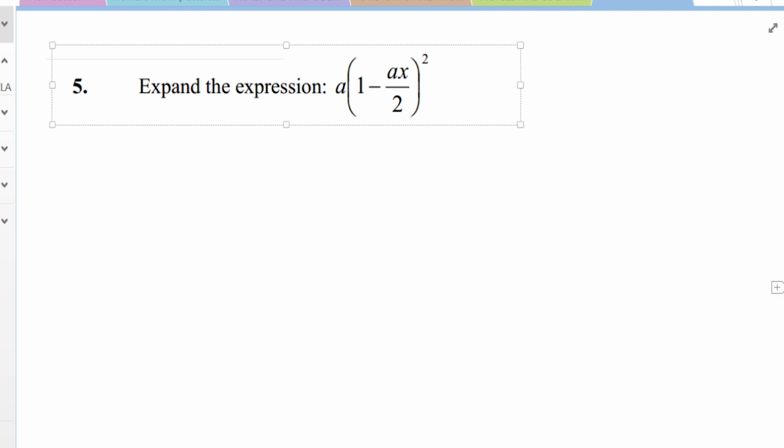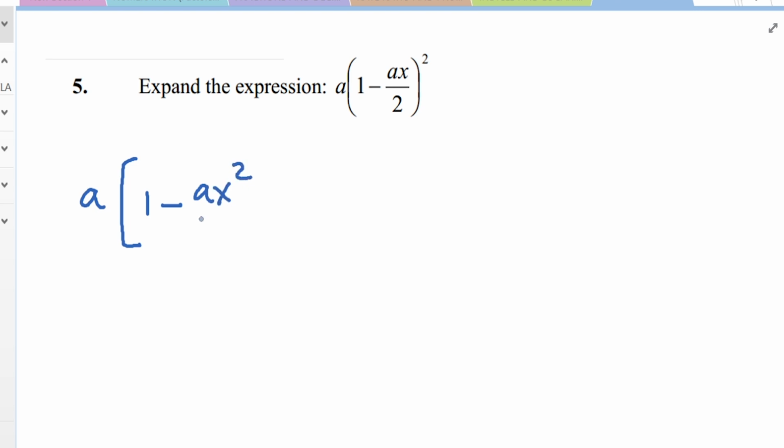So I have to expand it. Moving on, they will require us to expand the expression A into 1 minus ax squared over 2, to the power 2. Now take note that we shall use this identity.